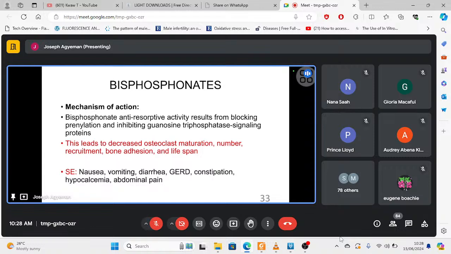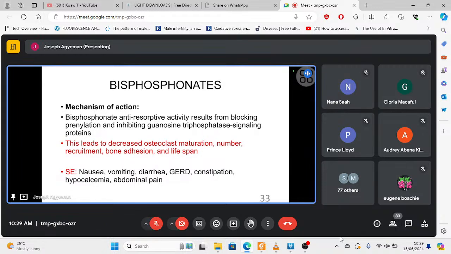And it's because they are able to block prenylation in the cells. Prenylation is just you adding or attaching something to the C terminal of an amino acid chain. So if you block this, and they also inhibit guanosine triphosphate signaling. So at the end of the day, this is the transduction, but it leads to a decrease in osteoclastic maturation.